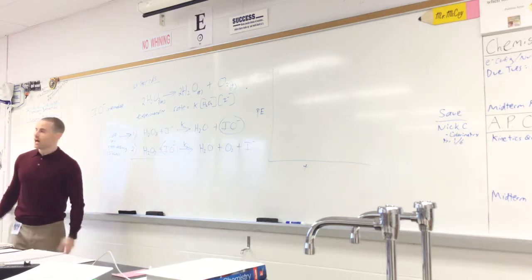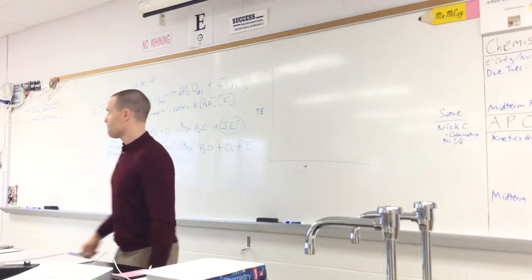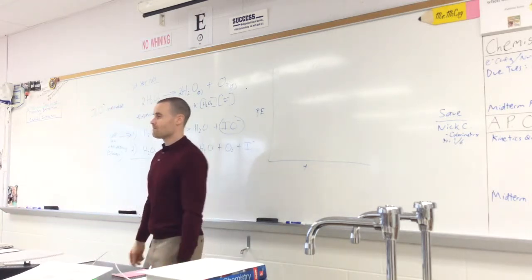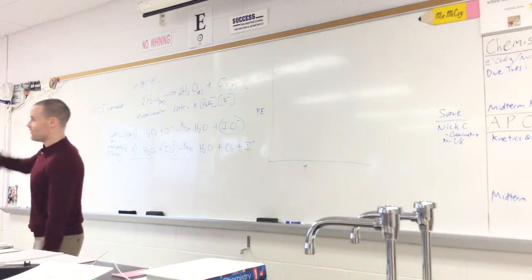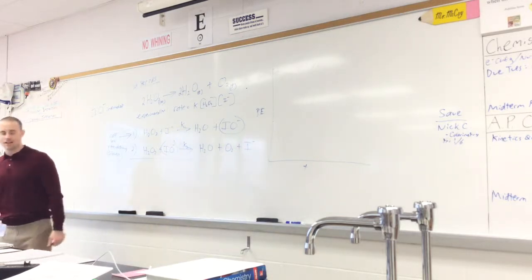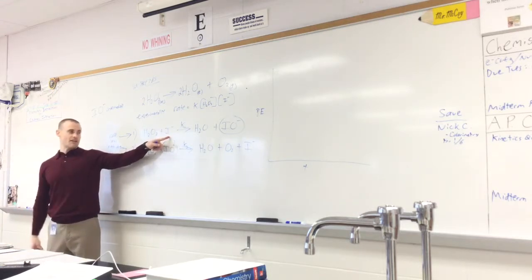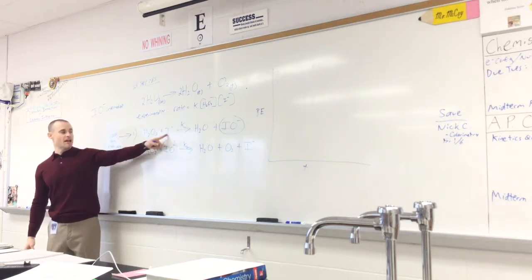You guys remember the elephant toothpaste? That's what this is. So what's I minus? The foam. Foam shooting out of the thing. Okay. What's the I minus? Catalyst. Listen to the definition of a catalyst: it speeds up a reaction, lowers activation energy, but here's another way to explain it.